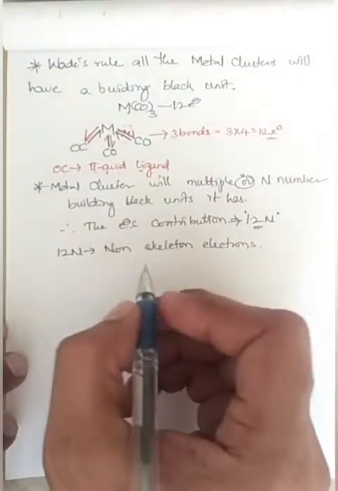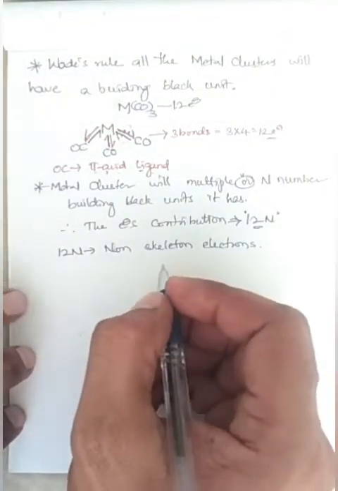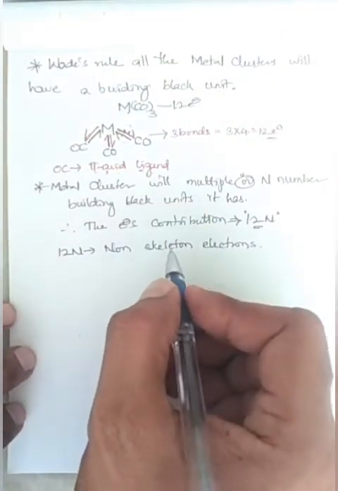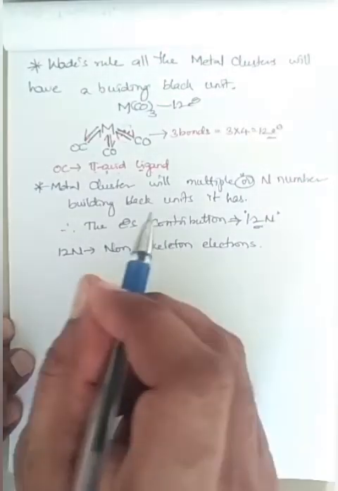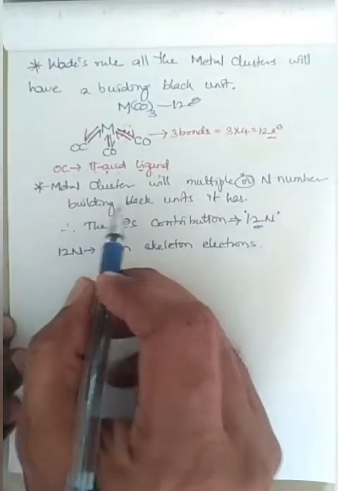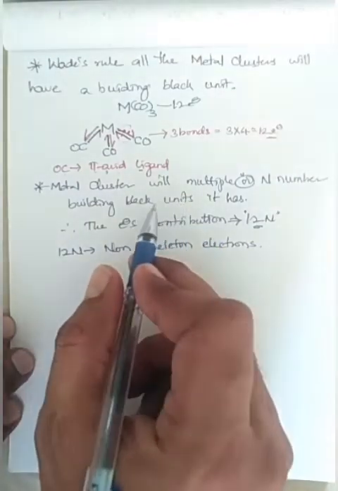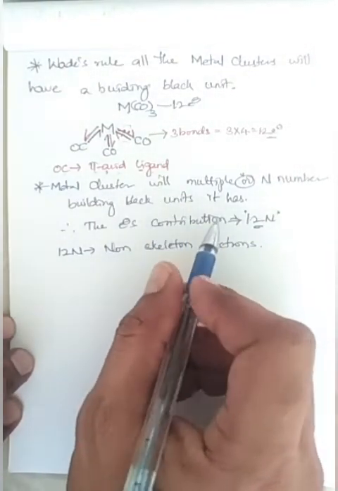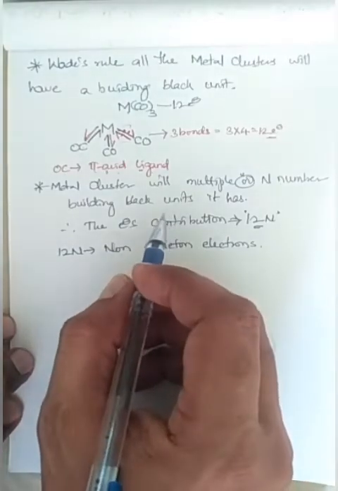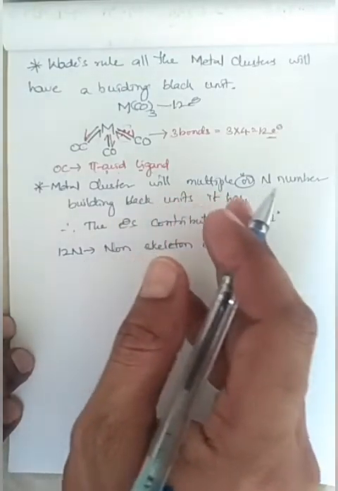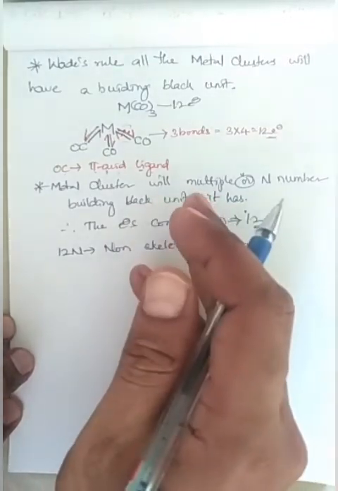So why do we have to term them as non-skeletal? As we already said, the skeletal of the metal clusters will be defined with respect to metal to metal bonds rather than metal to ligand bonds, right? So whatever the metal to ligand bond counts are, they are just the part in excess of the skeletal.